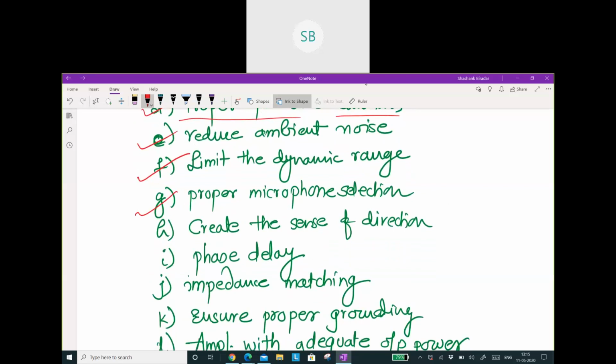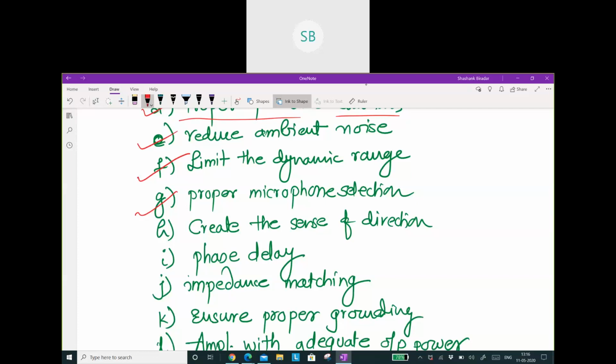Next parameter is proper microphone selection. Now in the next part we will be looking at various types of speakers and microphones. Based on application, we have various types of microphones. In a PA system, proper selection of microphone is very important, because you need to emphasize the directivity pattern of that particular microphone, so that it can be used for a specific purpose.